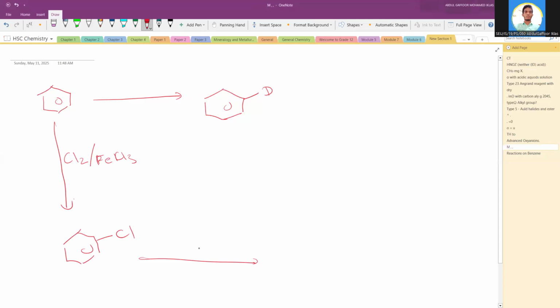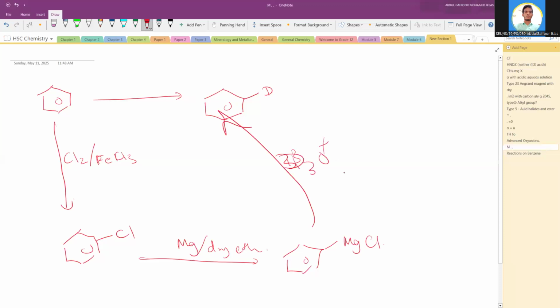Again, we can use magnesium and dry ether. Magnesium will be inserted in between benzene and chlorine, giving MgCl. Now, if you put D3O plus, that is fine.